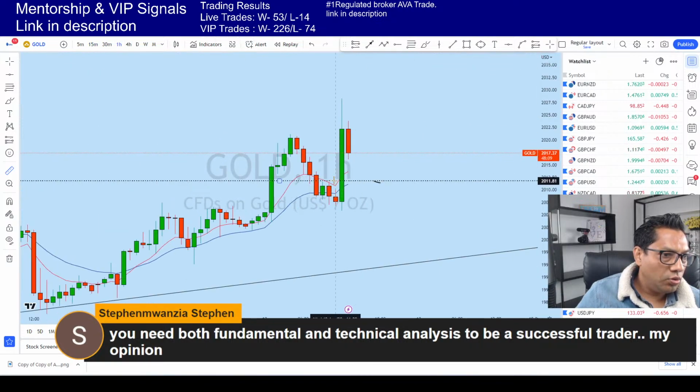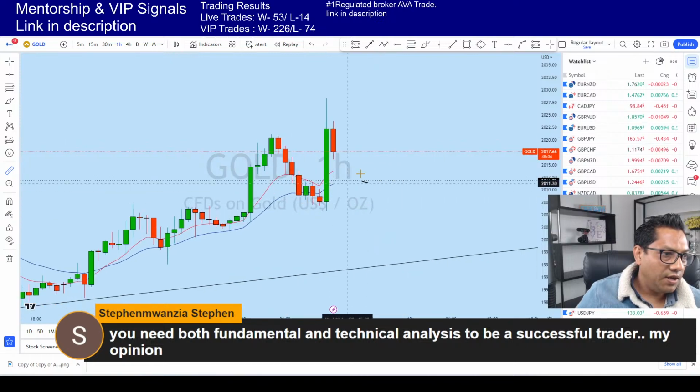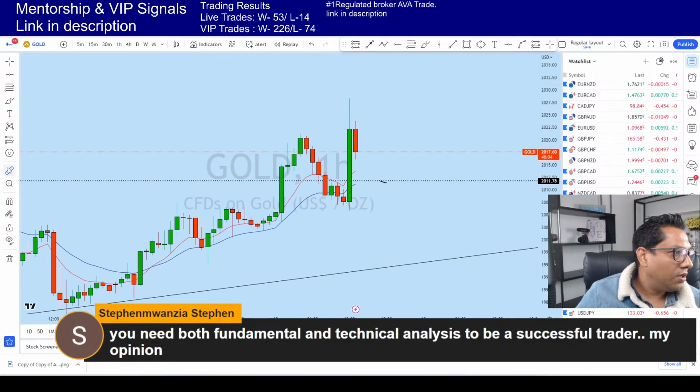Gold from this zone, I think you will have another bounce to the upside. It's in a bullish trend.